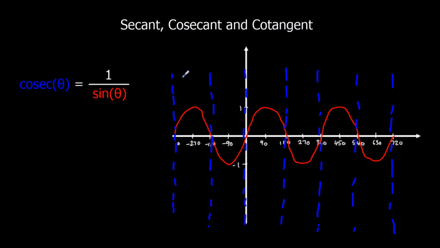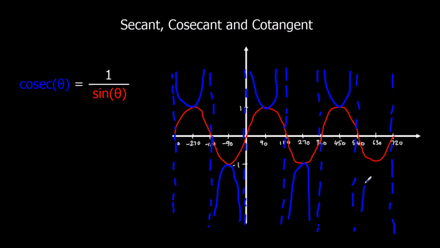Whenever sine theta is a maximum, cosec theta is at a minimum. And wherever sine theta is at a minimum, cosec theta is at a maximum. So it just follows the same pattern, making these U and N shapes off the maximums and minimums of the original graph.